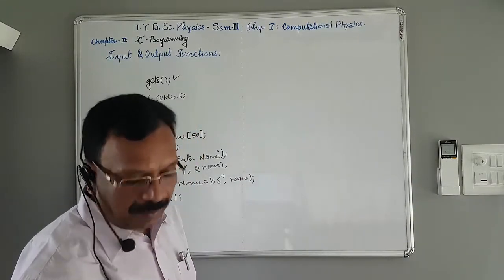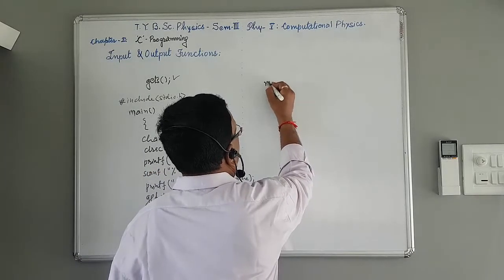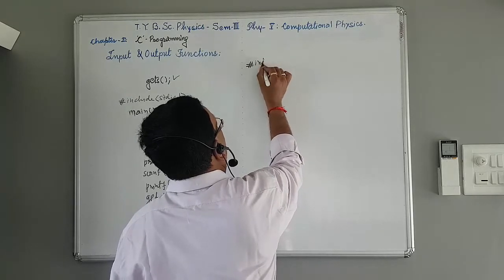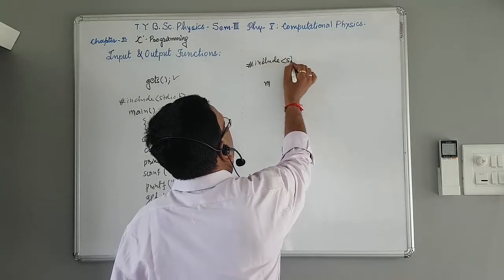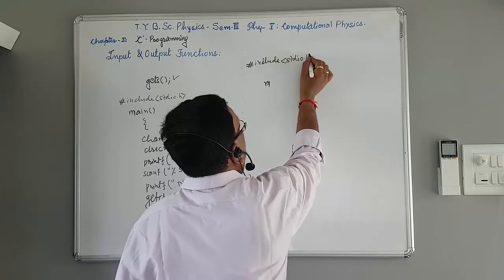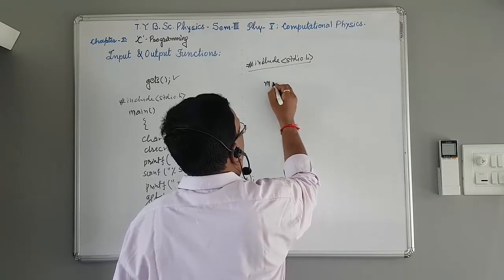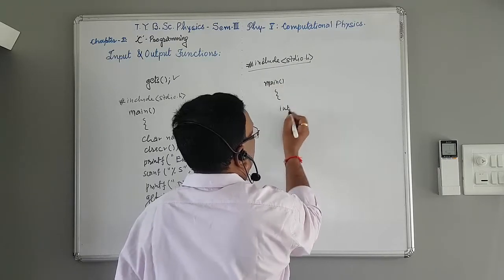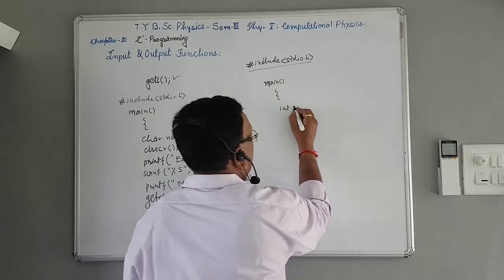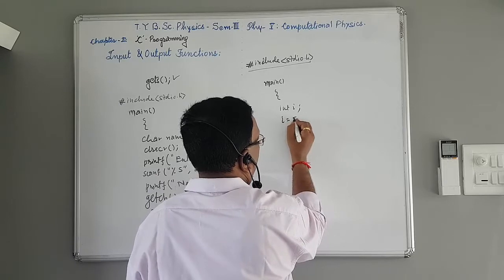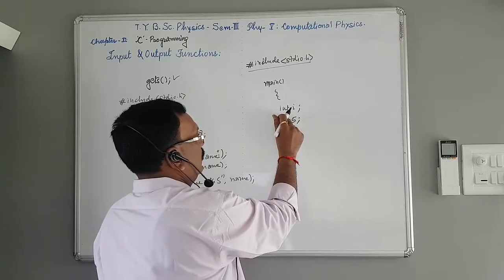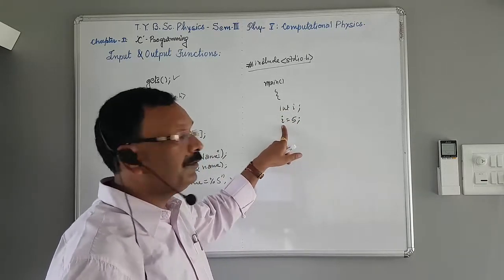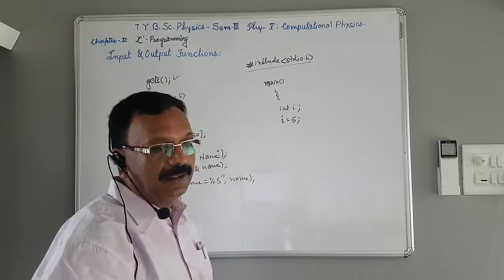Again, second program. #include <stdio.h>. Then main. Integer i only here, and i is equal to 5. The data type of the variable is integer, and here we assign the value 5. This is fixed.